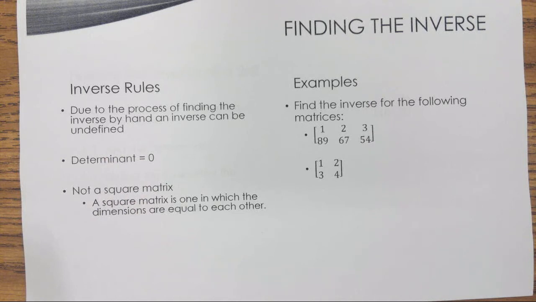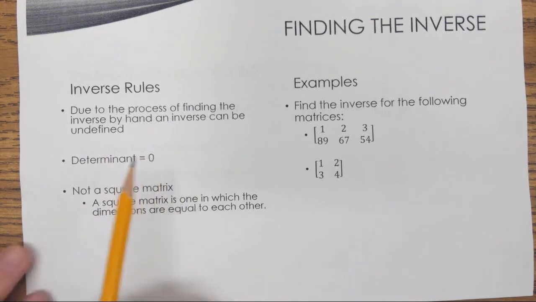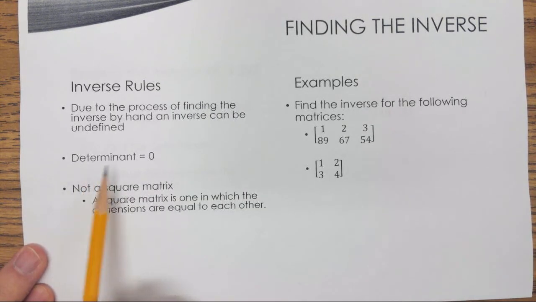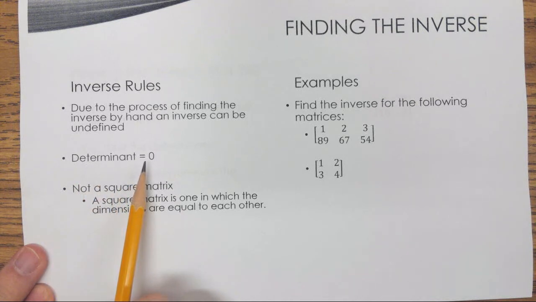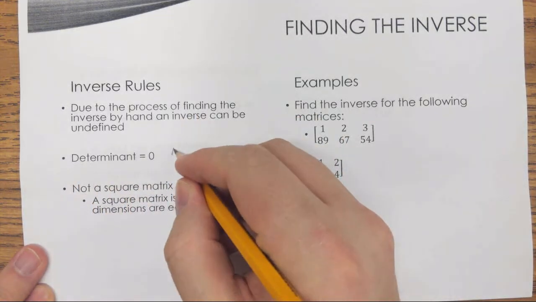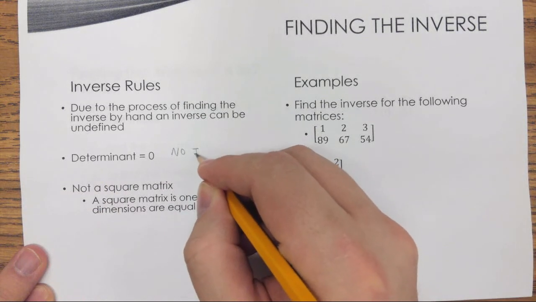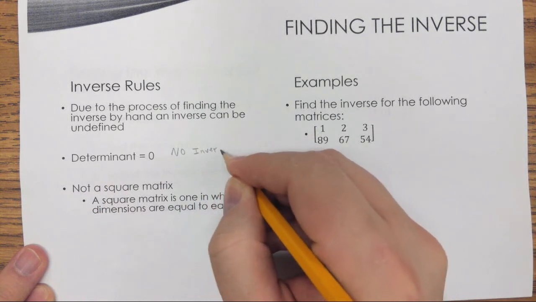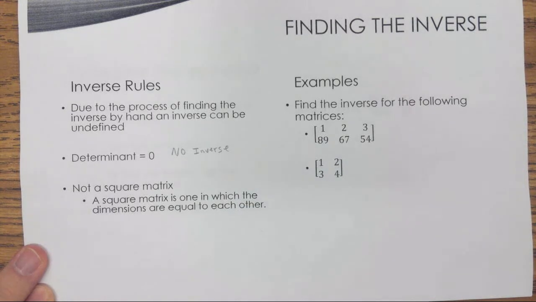The first circumstance where the inverse does not exist is if the determinant is 0. Remember, if the determinant is 0, no inverse can be found. It doesn't exist. It's undefined.